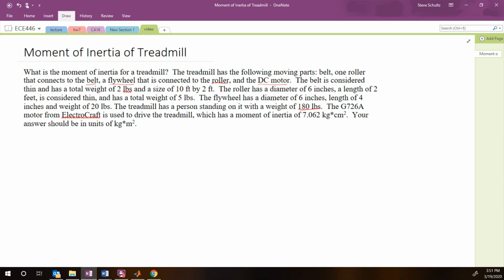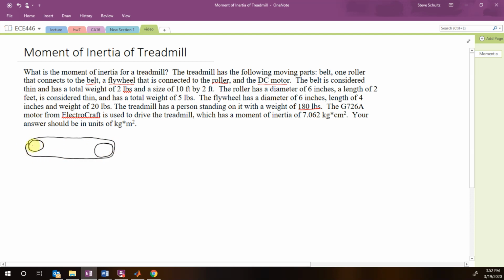So if we look at our picture, what we have here is a roller right here. We're also going to have another piece over here, but this one's just sliding, and so it's not rotating, so we only have one roller that contributes to the moment of inertia. We have a belt that goes around here.